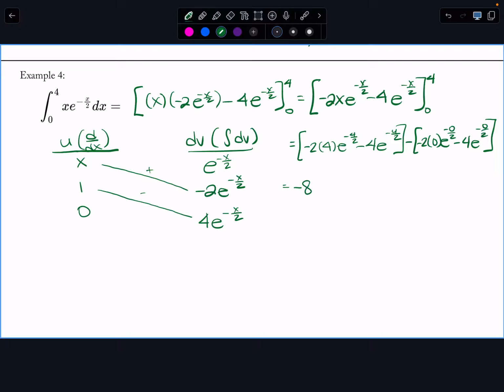So I get negative 8e to the negative second power minus 4e to the negative second power. I distribute my negatives, so this would be a plus 0, because I had 2 times 0. And then a plus 4e to the 0 power. So I get a negative 12 e to the negative second, and then a plus 4.